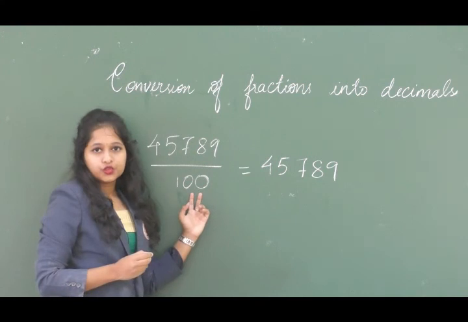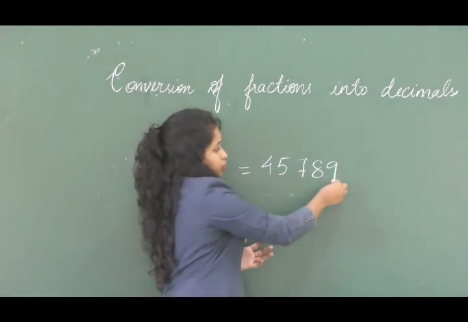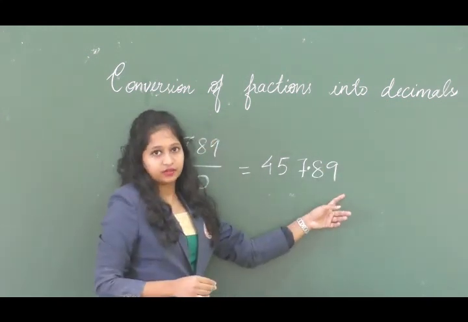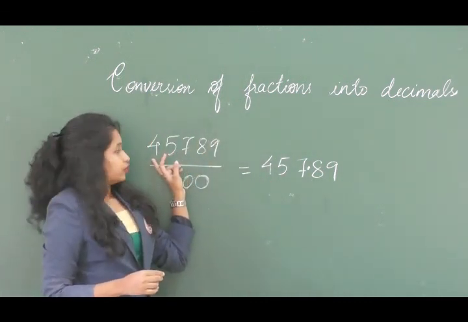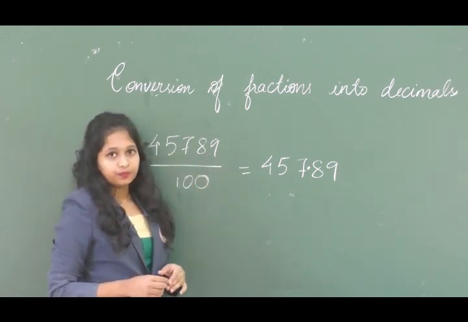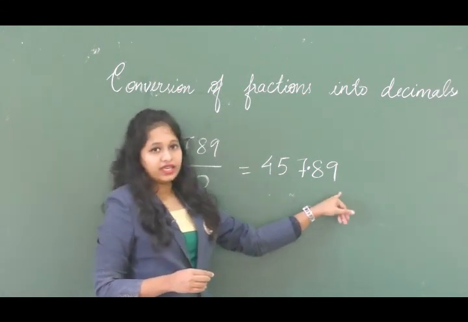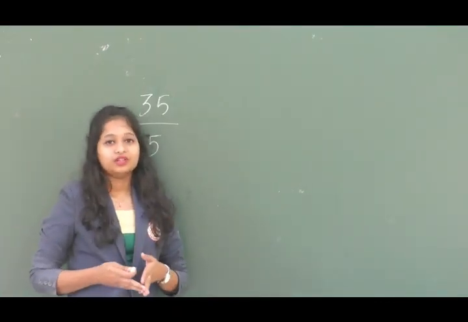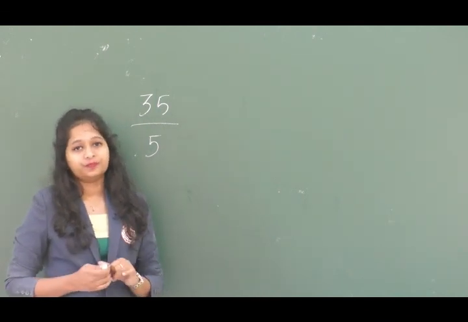Here there are 2 zeros. So we have to place the point after 2 digits from this side. Okay. So 45,789 by 100 is equal to 457.89. Got it?